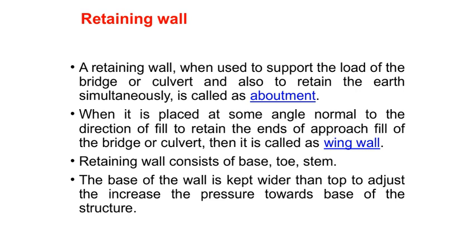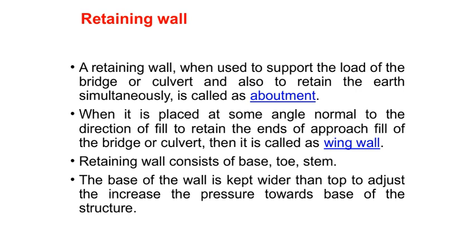A retaining wall typically has three main parts: the base, the toe, and the stem. The base is the bottom part, which provides the foundation. The toe is the front part that faces outward, and the stem is the vertical or inclined section that retains the earth. An important point to remember is that the base of the wall is designed to be wider than the top.